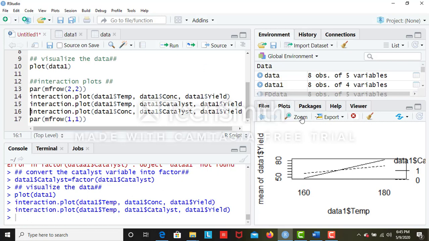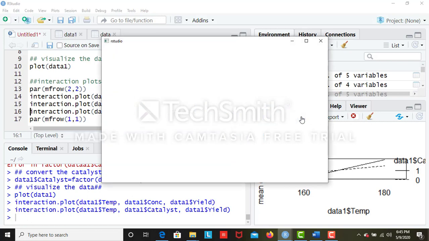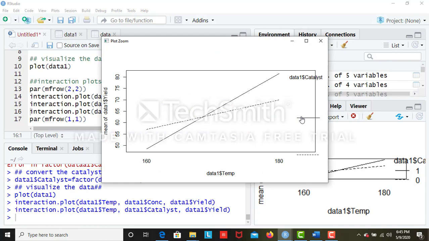So here I have the interaction of temperature and catalyst, how the interaction affects the yield, which is the response variable. And as you can see, the two lines intersect at this point right here. So we conclude that temperature and catalyst significantly interact to affect yield.